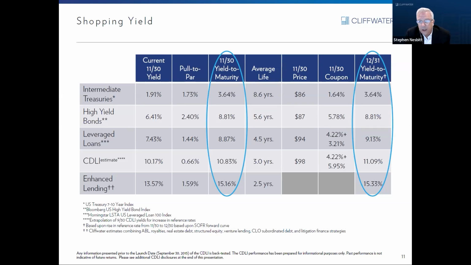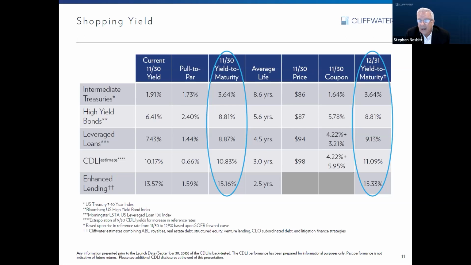So when I'm thinking about 2023, I would start with these yields in the last column, but I would adjust them downward for the optimistic pull to par numbers in column 2. Obviously, no adjustment would be needed for treasuries, okay, because there are no defaults, so hopefully.